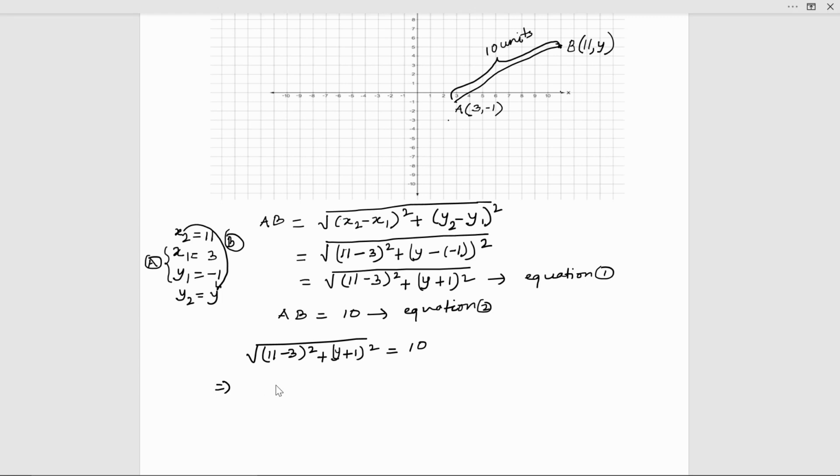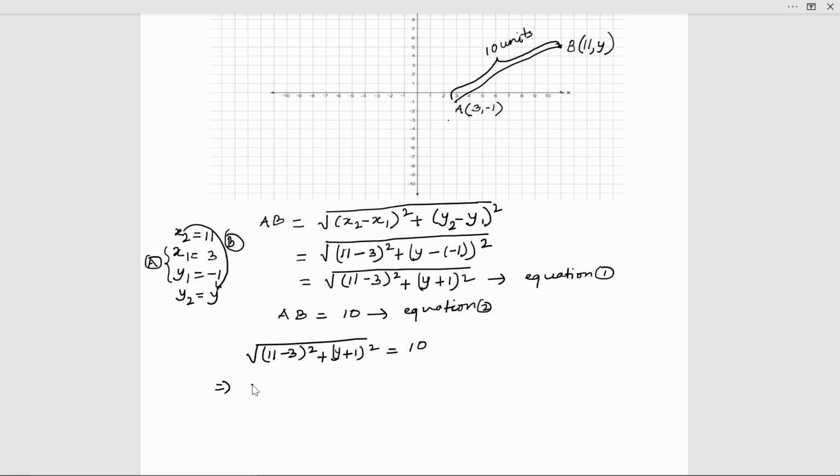I am just simplifying this equation. With this whole thing, we have formed the equation, and if we solve it we can easily find out the value of Y.